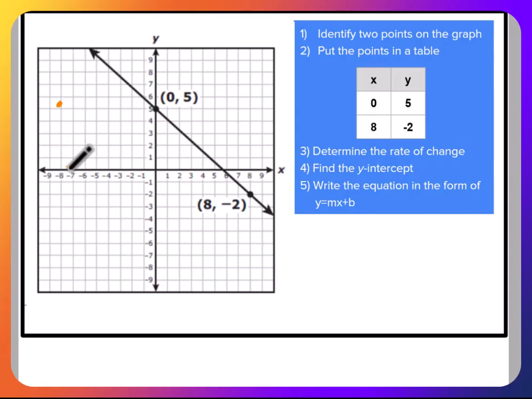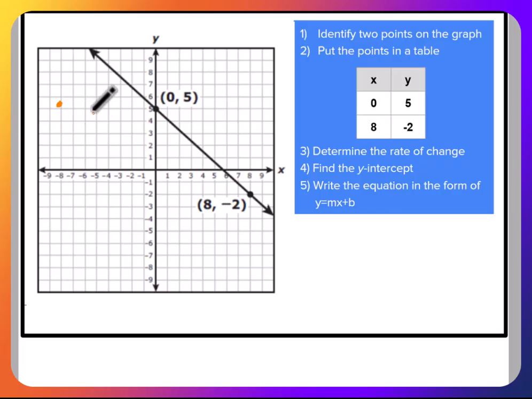Well, I know it's going to be a negative 8 for the x, but when I go up on the y, it's not 5 because it's not on the line. It's not exactly in the middle between 5 and 6, which would be hard to tell even if it was. So we don't really know the exact value, do we? That's going to make it hard to read.